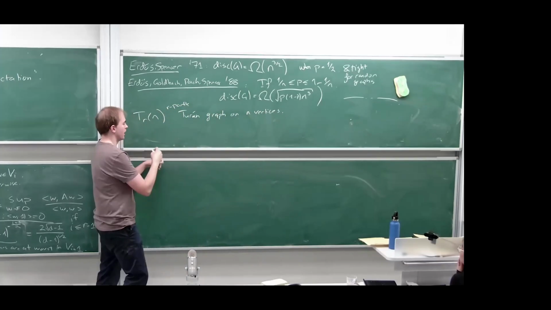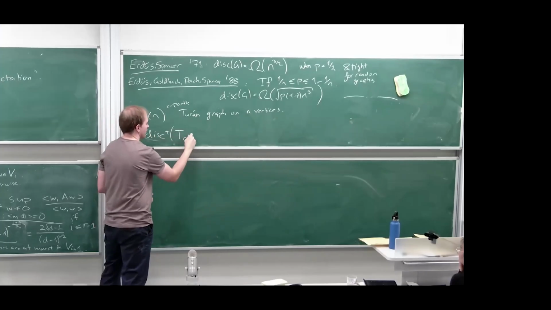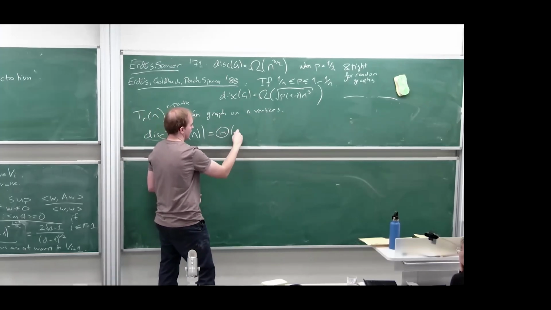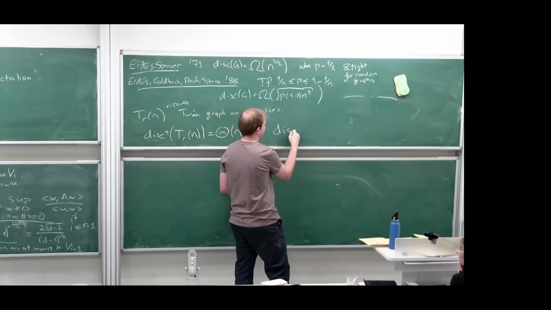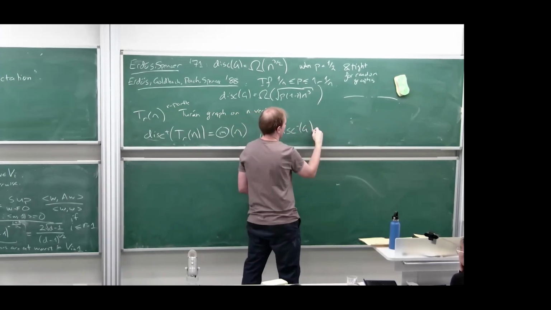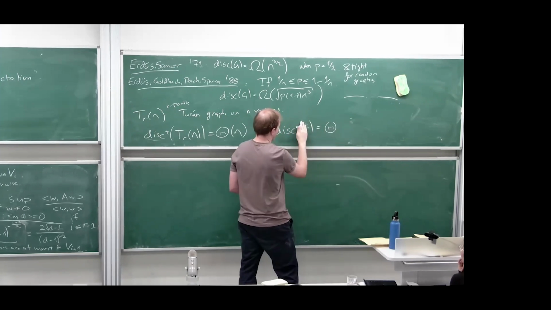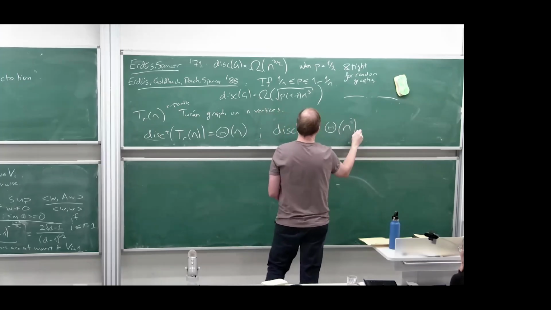Then it's not too hard to verify that the positive discrepancy of these grows linearly in n, and the negative discrepancy of their complements also grows linearly in n.